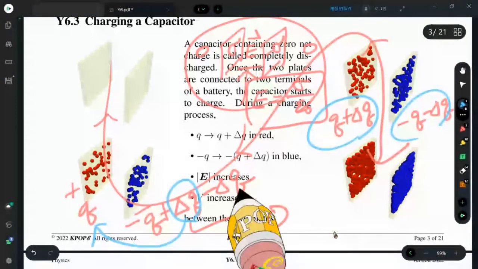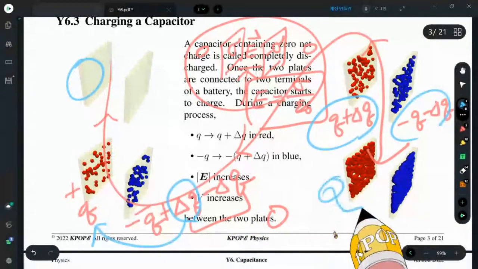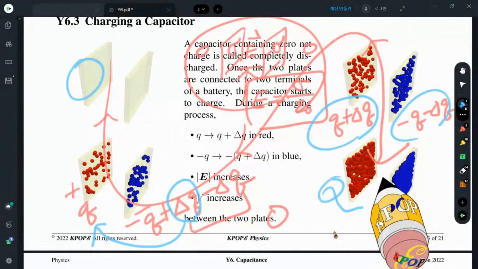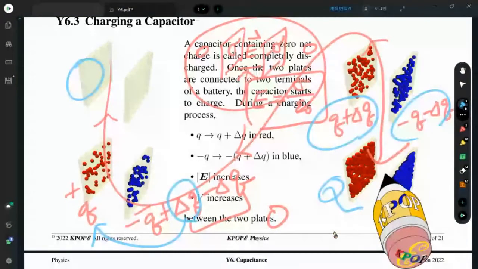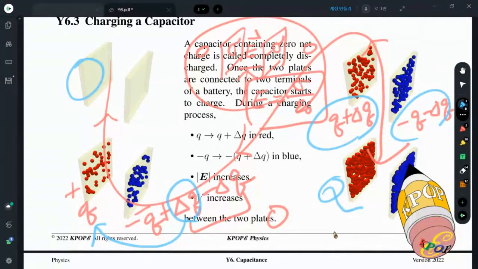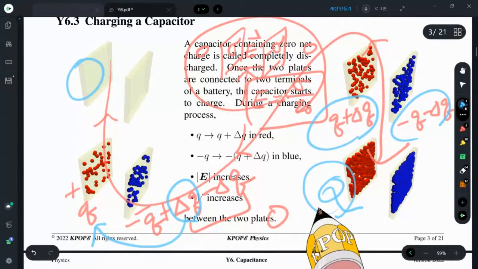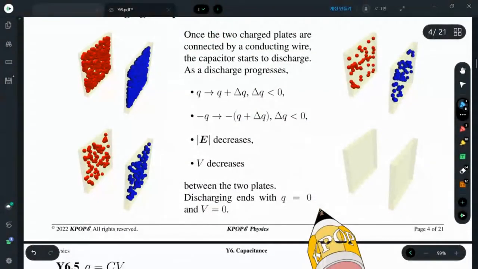If you integrate this from 0 charge to capital Q charge, you know how to compute the work done by the external force to increase the amount of charge. You will find the energy can be expressed in terms of the net charge and the capacitance. This is a very important point we have to learn in this class. The discharging process is the opposite.